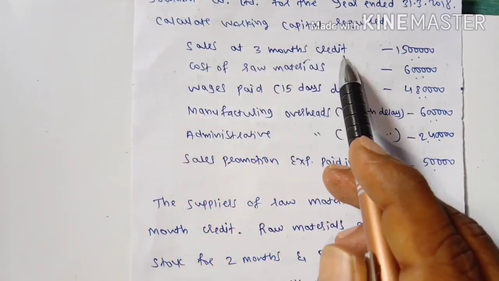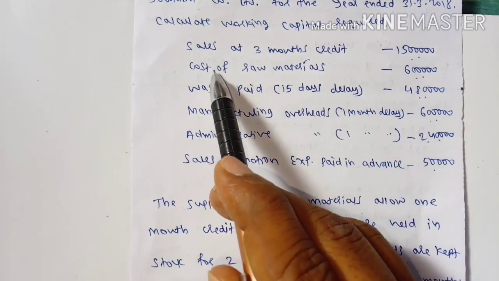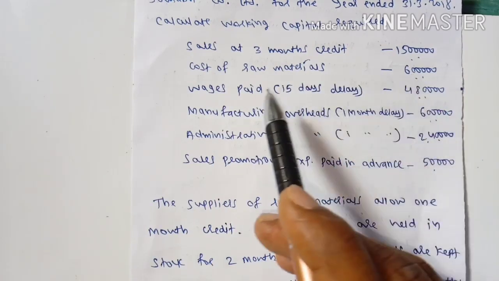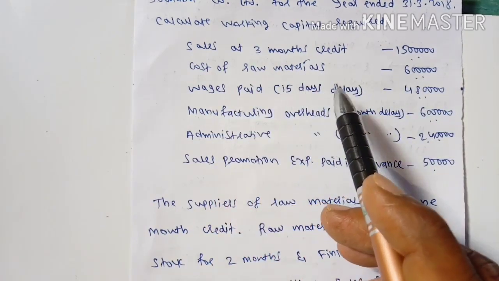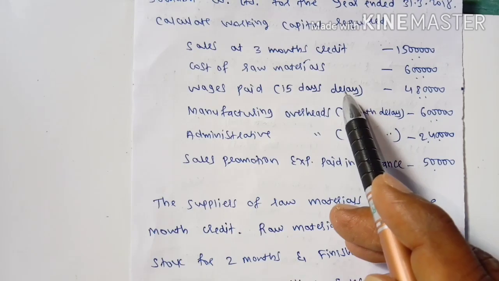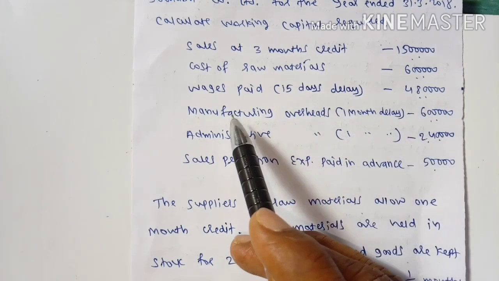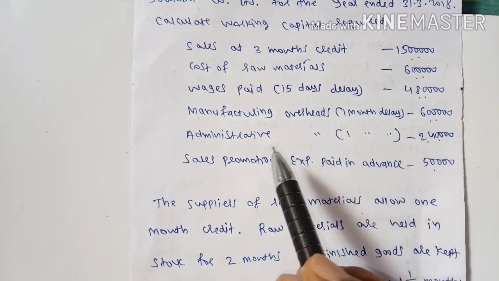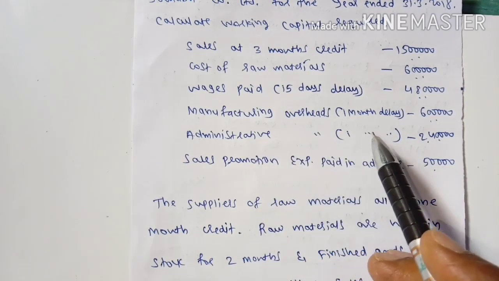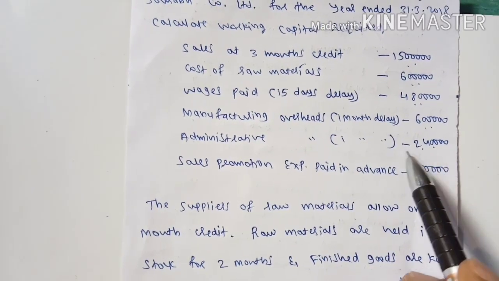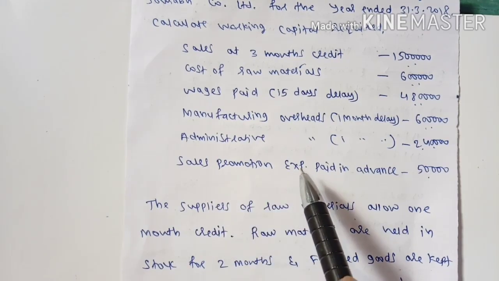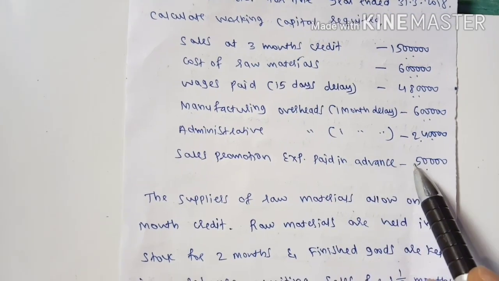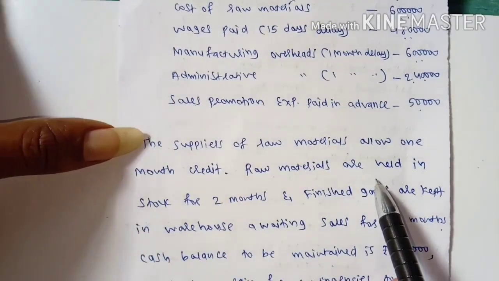Sales at 3 months credit 15 lakh, cost of raw materials 6 lakh, wages paid 15 days delay, that is 15 days outstanding 4,80,000, manufacturing overheads 1 month delay 6 lakh, administrative overheads 1 month delay 2,40,000, sales promotion expenses paid in advance rupees 50,000.